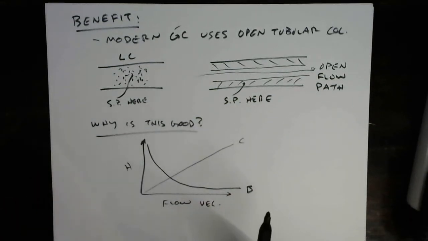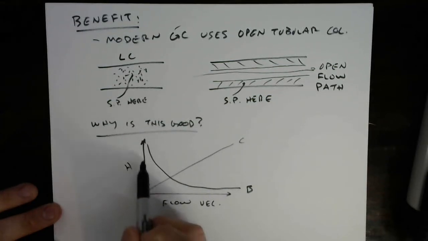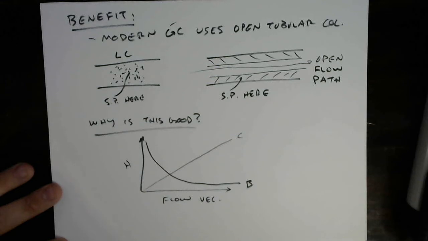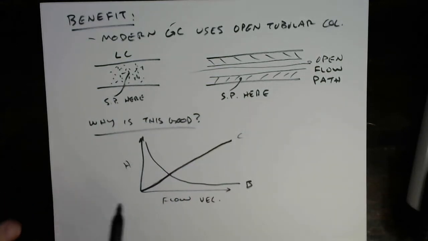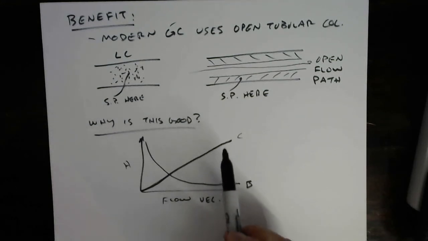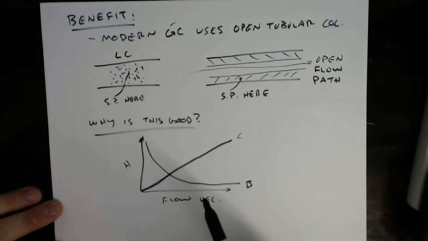It says the longer you're in the column, the more diffusion you get, the broader your peaks get, the poorer your height gets. So the longer you're in the column, that means the slower you go, the worse you get. C is the resistance to mass transfer. This says that your analytes need a certain amount of time to do their extracting into and out of the stationary phase. And so the faster you go, the less time they get to do that because they zoom right past the stationary phase particle. And so that's bad. So these two are in competition with each other.